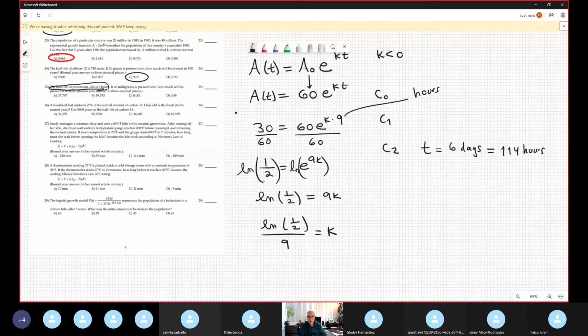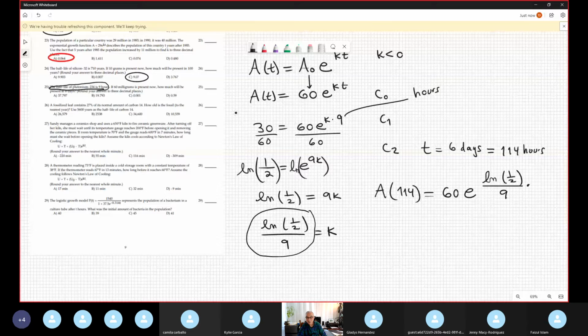Okay, cool. Now I go to the formula, because I need to compute at this time, 114, and the formula gets 60 e to the k. But who is k? K is the natural logarithm of 1/2 divided by 9, multiplied by 140.